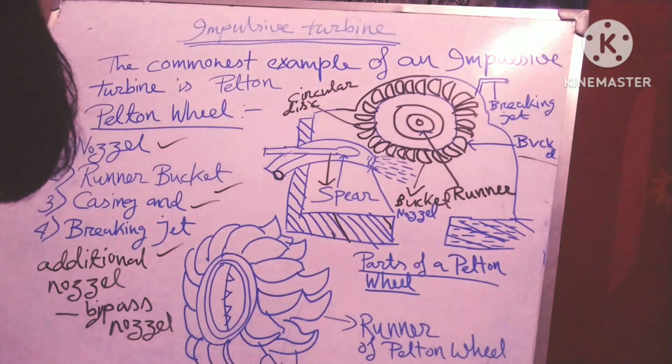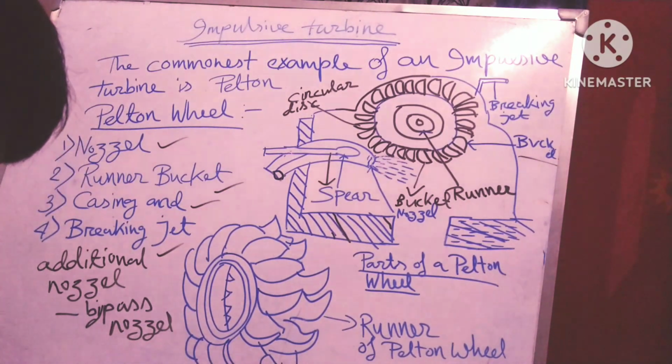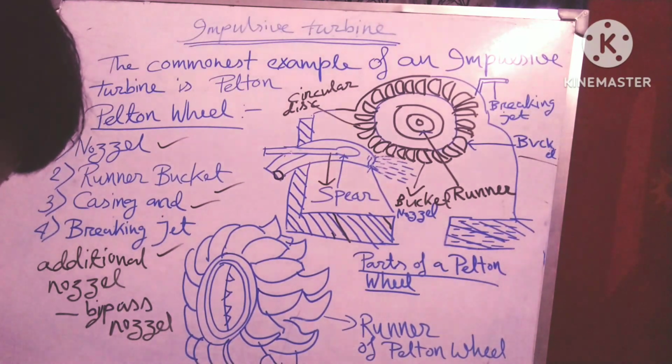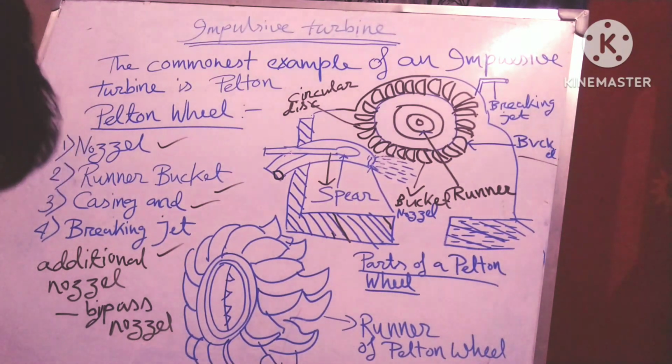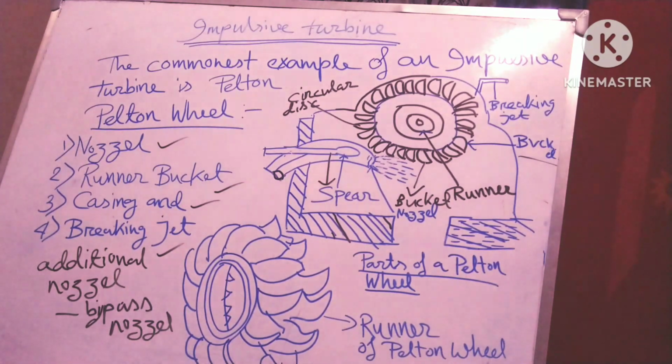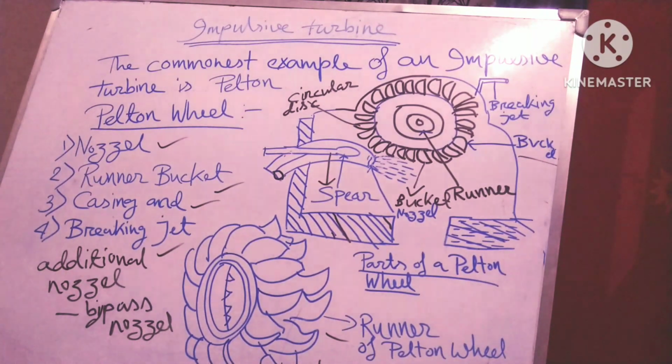A bucket resembles a hemispherical cup or bowl with a dividing wall, known as the splitter, in its center in the radial direction. So this is the runner of the Pelton wheel.